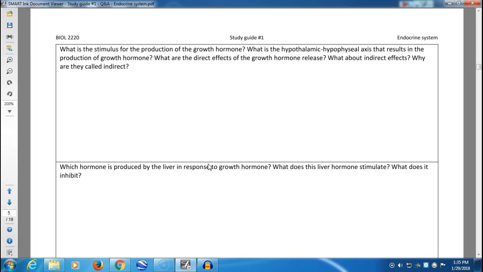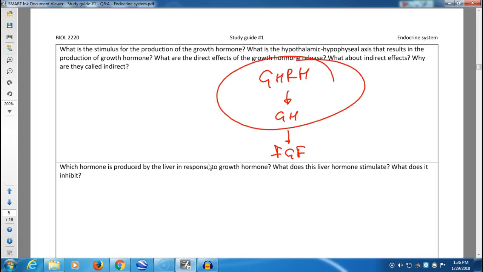So essentially you have this, then this, and then this, right? Does that make sense? What is the effect of IGF on these two? Exactly. So this is your negative feedback. Does that make sense?